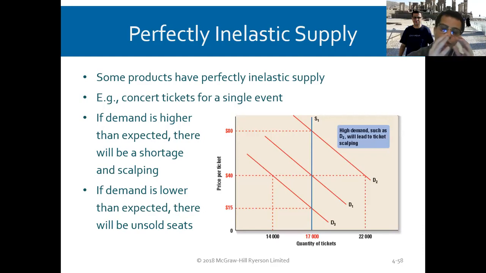If the demand is lower than expected, there will be unsold seats, and the supplier doesn't change the quantity that's going to be supplied. You go to games and you see like 50% empty, because suppliers have these 100 seats and only 50% show up.